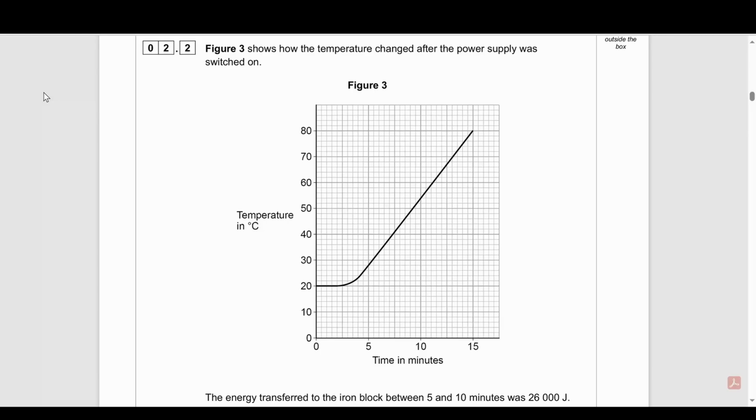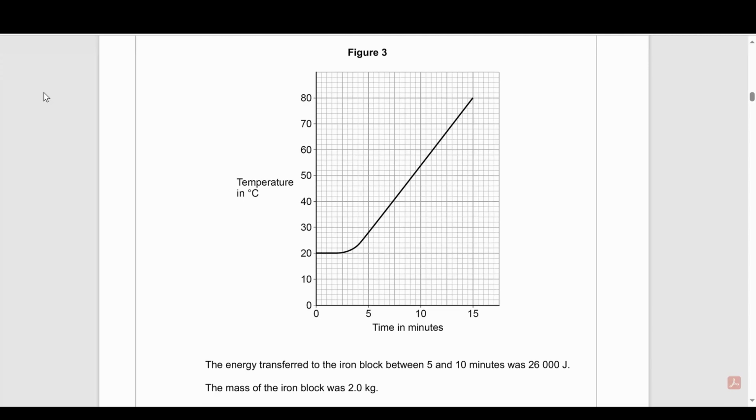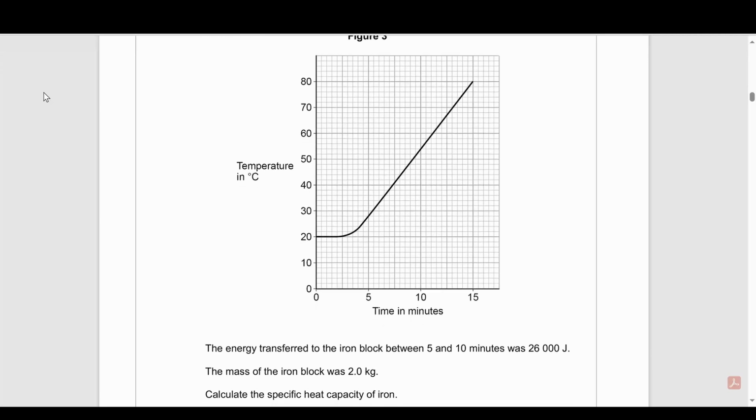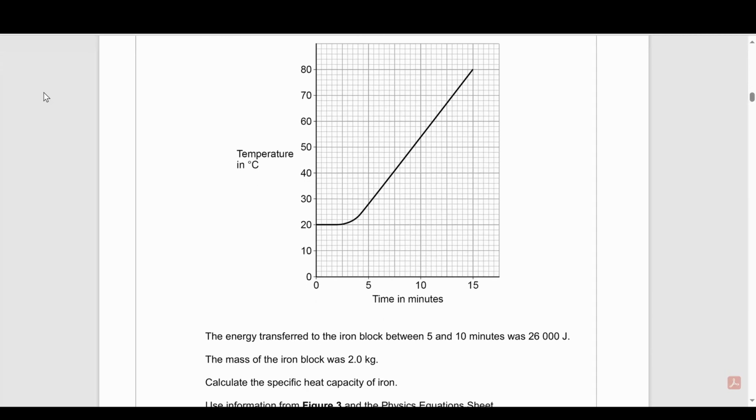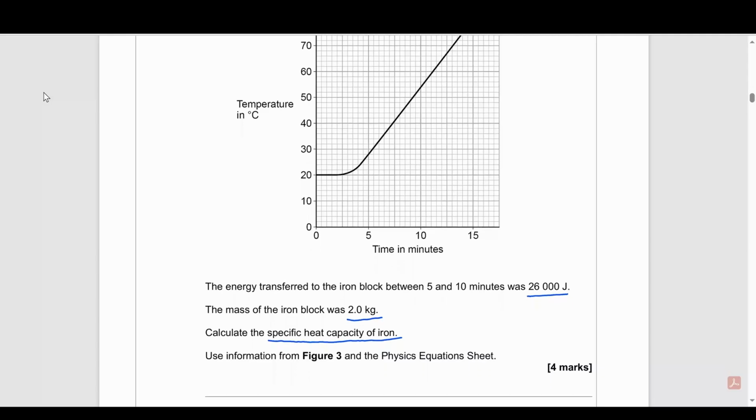And then there's a sharper increase all the way to 15 minutes. The energy transferred to the iron block between 5 and 10 minutes was 26,000 joules. The mass of the iron block was 2 kilograms. Calculate the specific heat capacity of iron. Use information from figure 3 and the physics equation sheet.